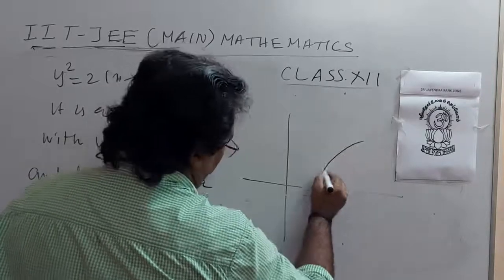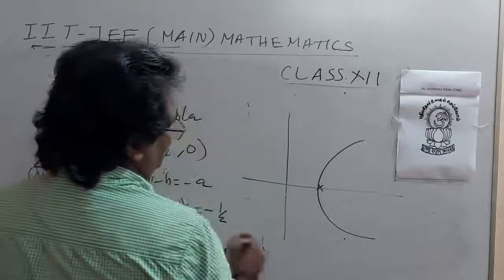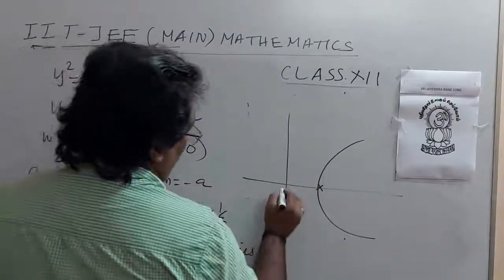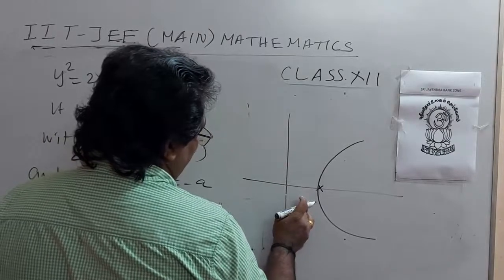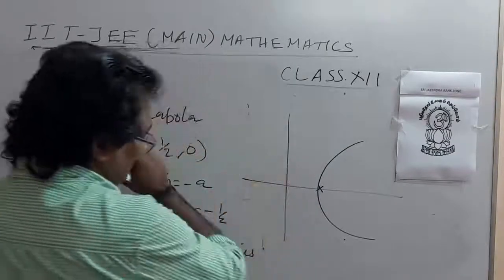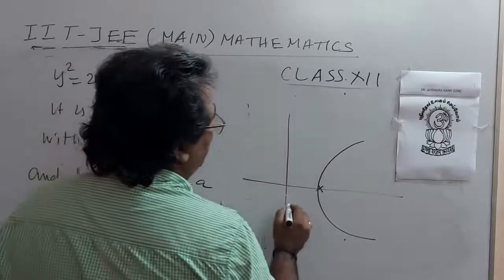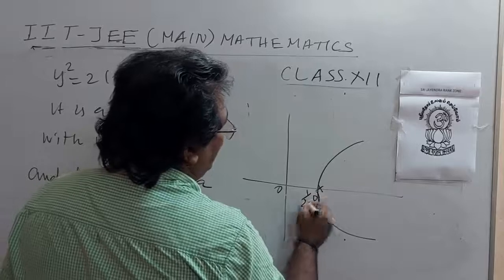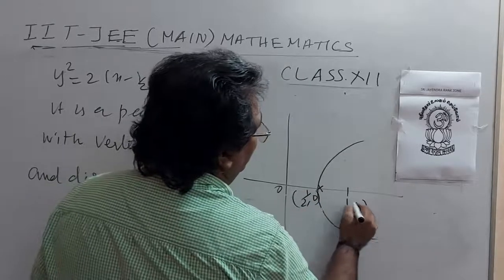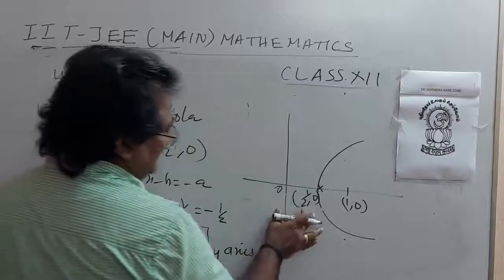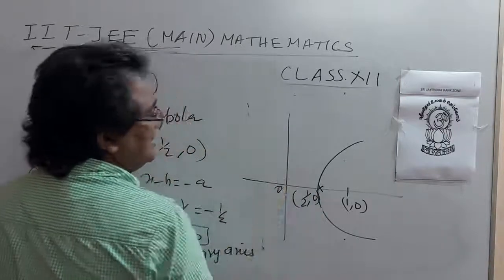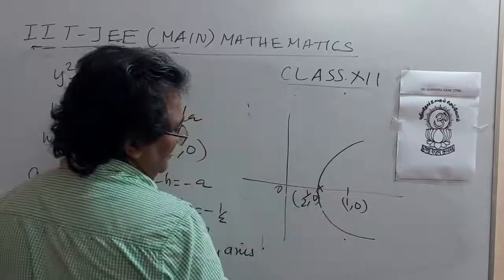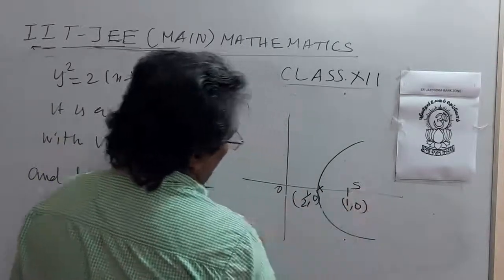It's a parabola, this is the vertex, this is the directrix. The distance between directrix and vertex is equal to the distance between vertex and the focus, so focus is 1 comma 0.